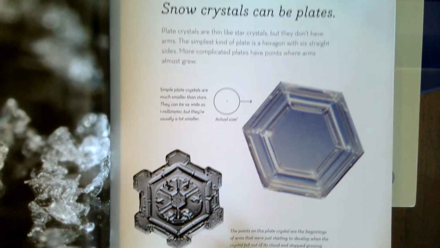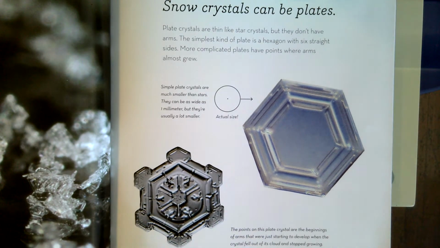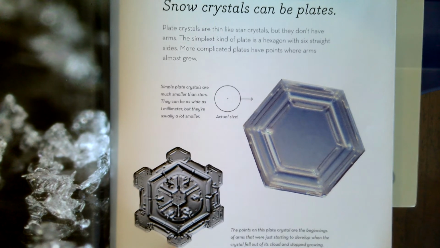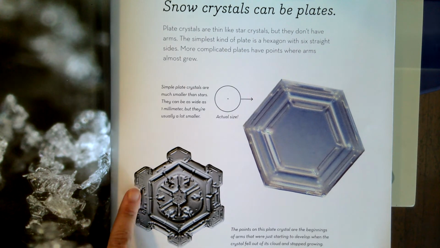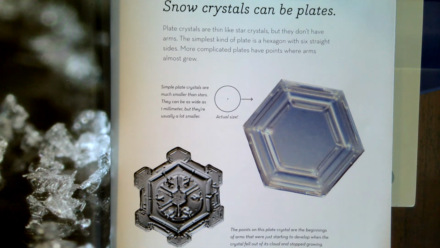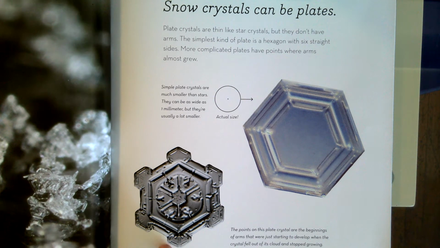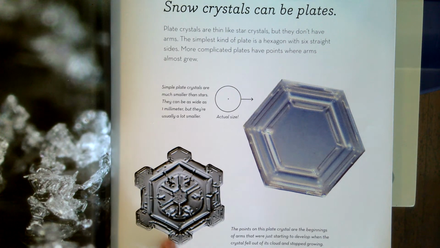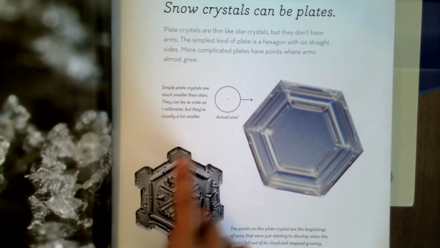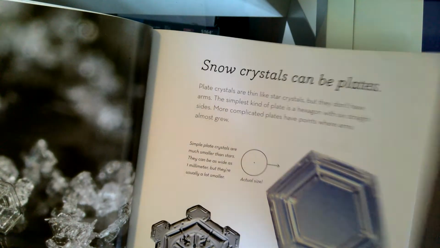The points on this plate crystal are the beginnings of arms that were just starting to develop when the crystal fell out of its cloud and stopped growing. Oh, I can see the arms were about to grow right here. One, two, three, four, five, six. We have six again.